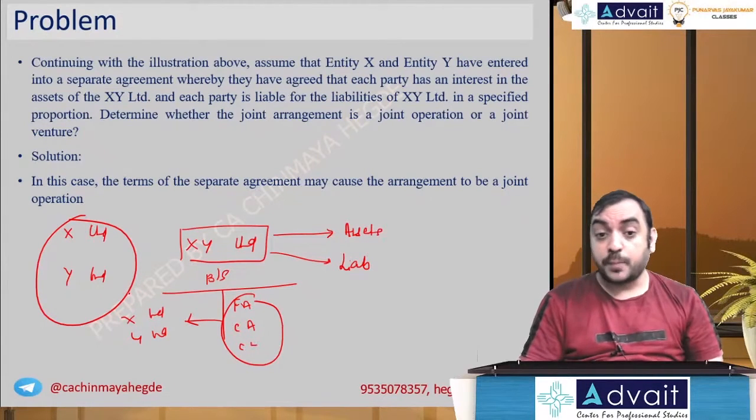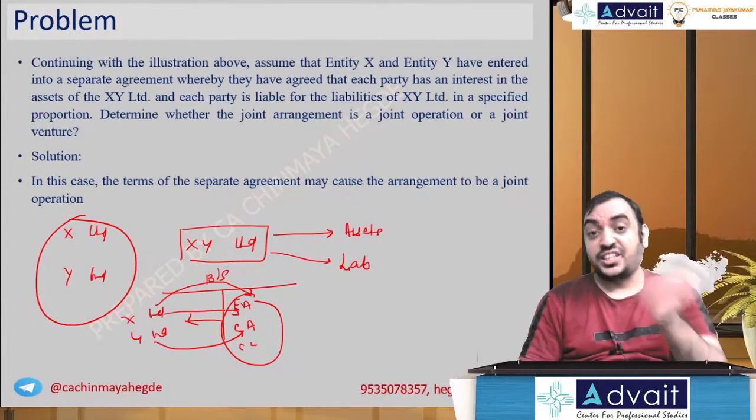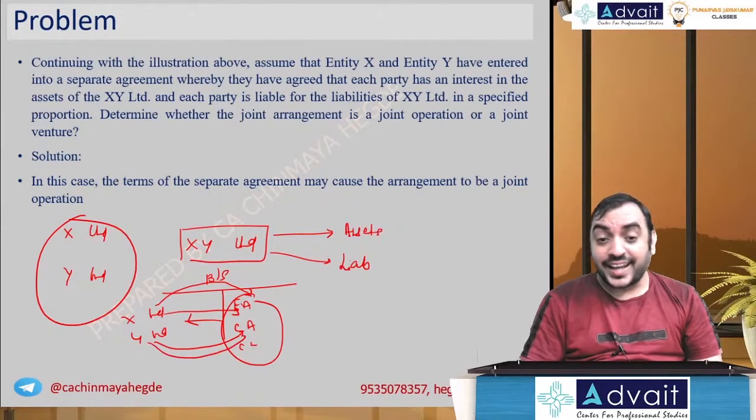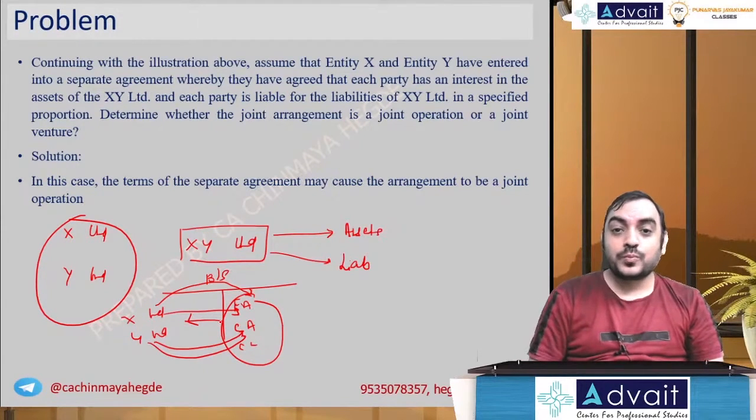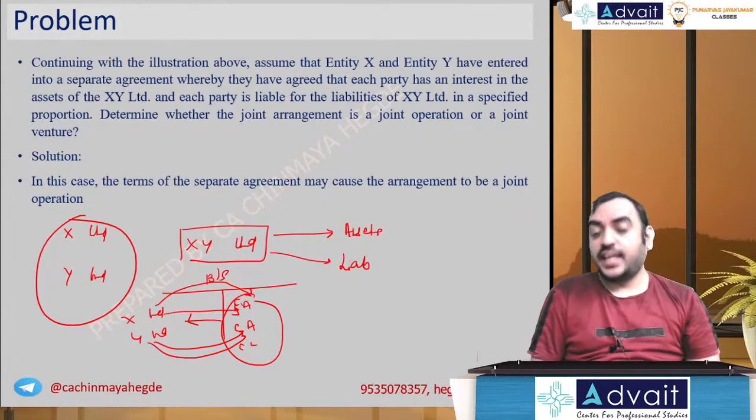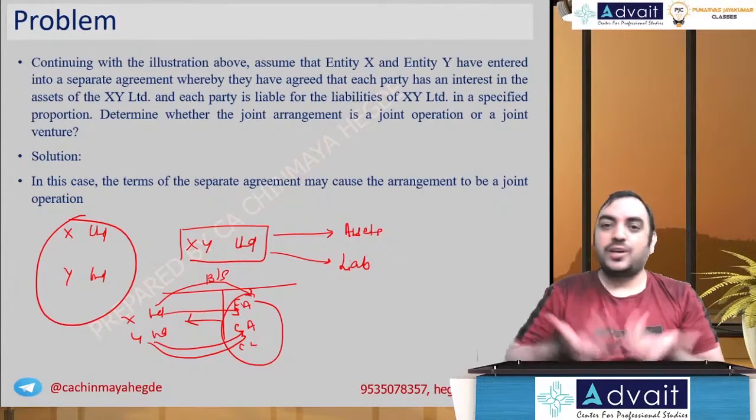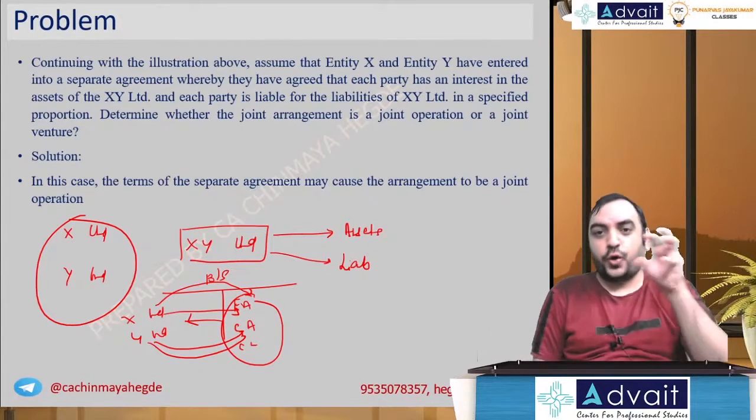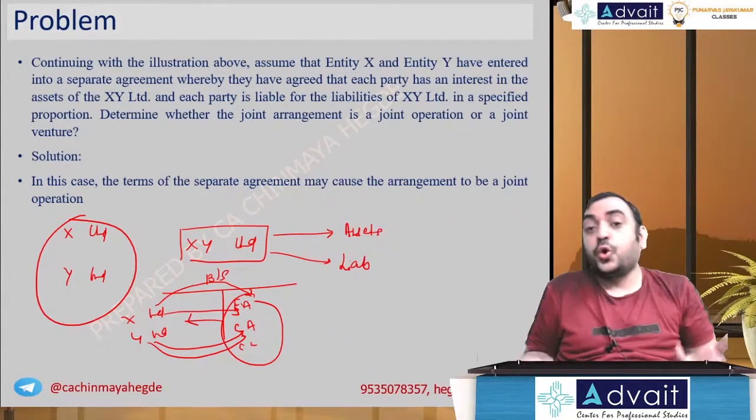But in this case, what is happening? We are saying X Limited will own fixed assets in 60-40, and Y Limited will own current assets in 40-60. When you have proportions like this, you don't have collective ownership, as good as not forming an entity, because forming an entity means the entity owns, you don't own.